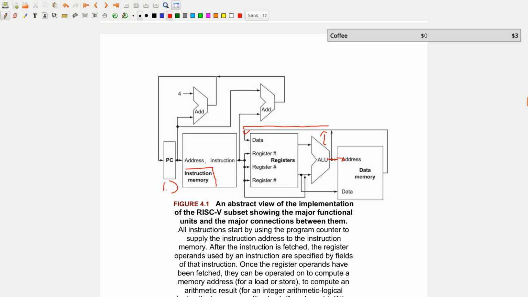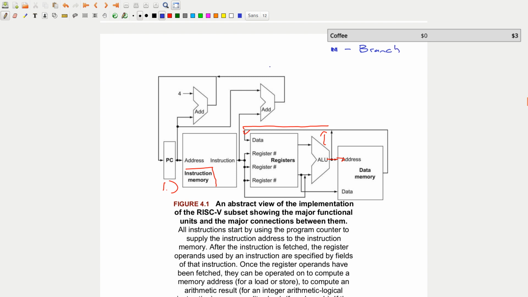Otherwise, if we have a branch instruction, we may go here, take the original PC that we're at, add some offset to it that we get from the instruction, and then that becomes our next PC value. So this is how we handle branch instructions.